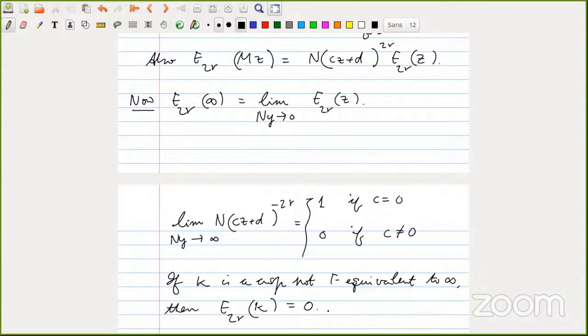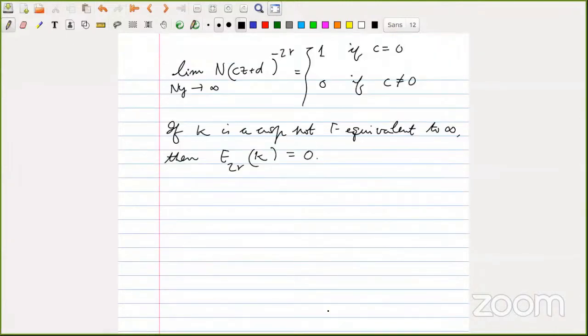The proof involves taking limits along the cusp sector and so on. Let me not go into the details of it, but it is really not at all difficult. So these are two examples, and I have not yet given you an example of a cusp form. It will come a little bit later.